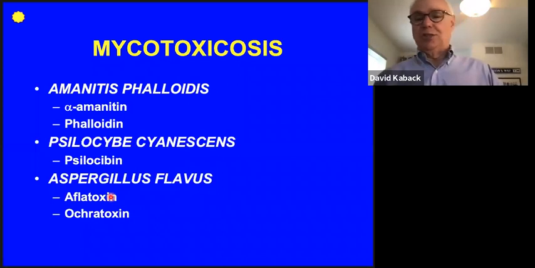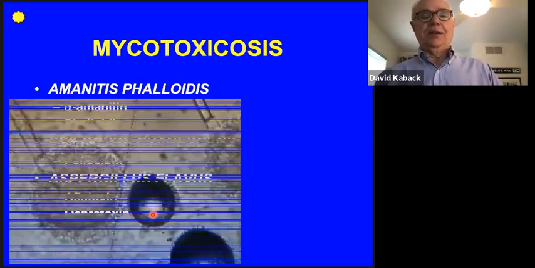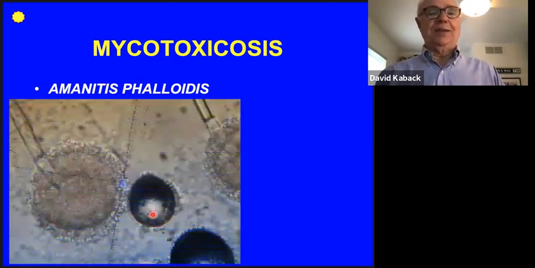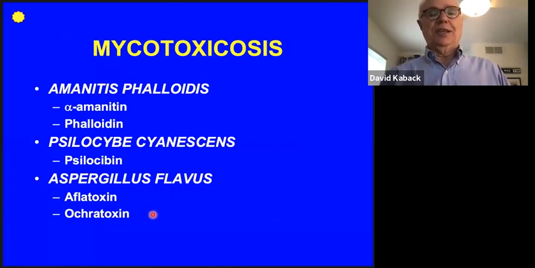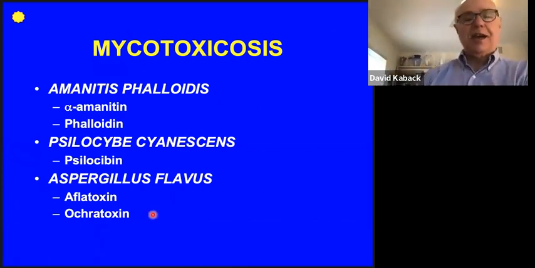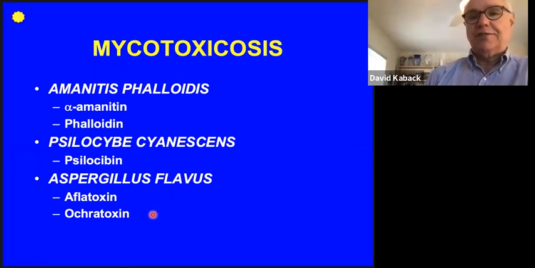Whole populations that were eating moldy peanuts, for example, have been affected. All right, so here is a picture of Aspergillus again. Another picture of Aspergillus. And I think that is pretty much everything I want to tell you about fungi.